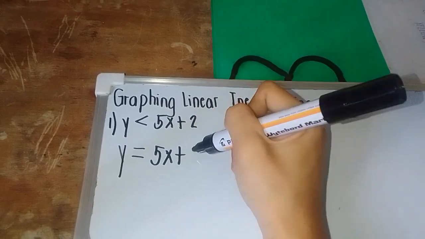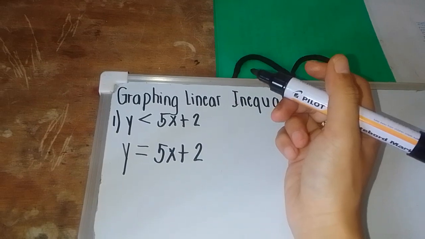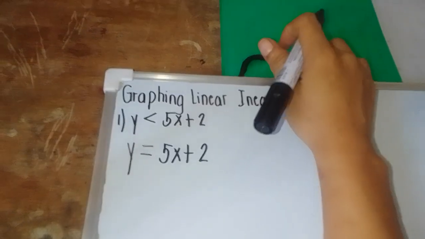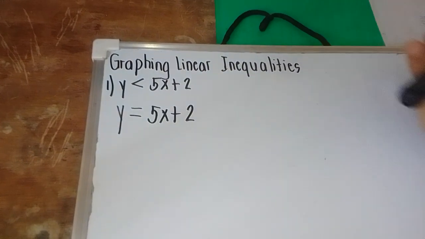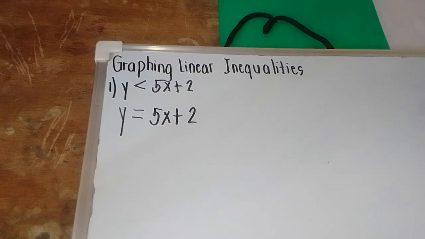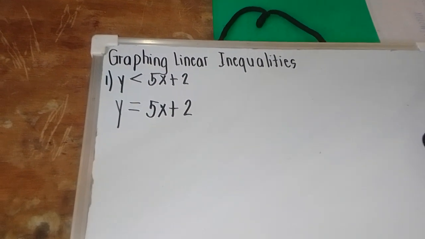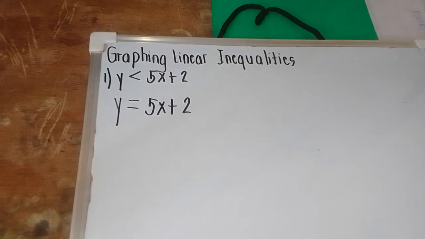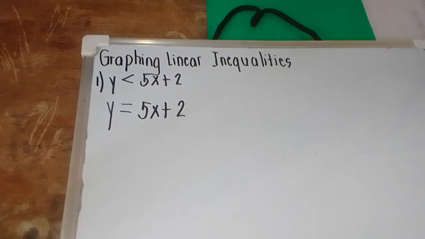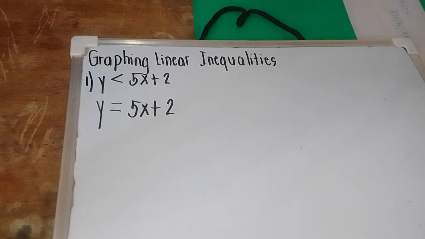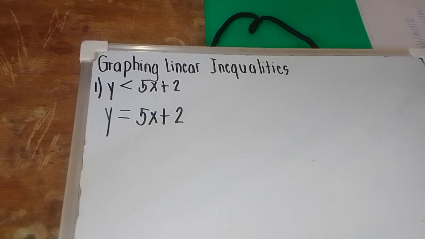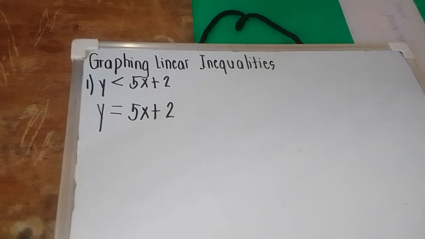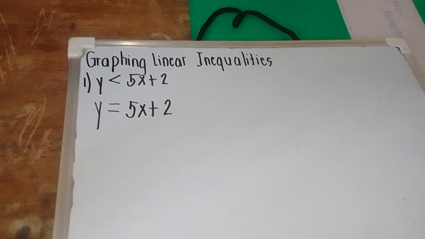5x plus 2. And then, after that, you are going to find the x and y intercept. Those two points, the x-intercept and y-intercept, are what you will locate on your Cartesian plane. They will help you create the linear graph.